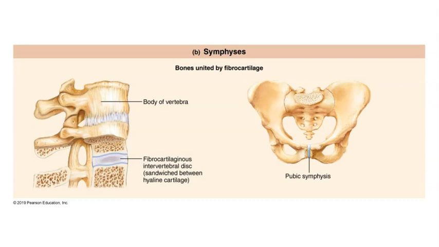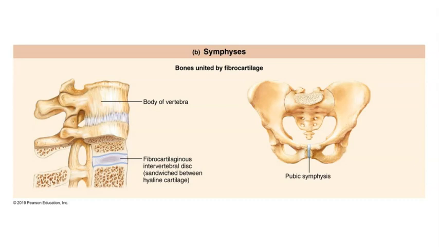So perhaps unsurprisingly, we see that fibrocartilage is found in places where both tension and compression forces could be present. It does allow for some movement between the bones that it joins, and so thus symphyses are functionally classified as amphiarthroses.